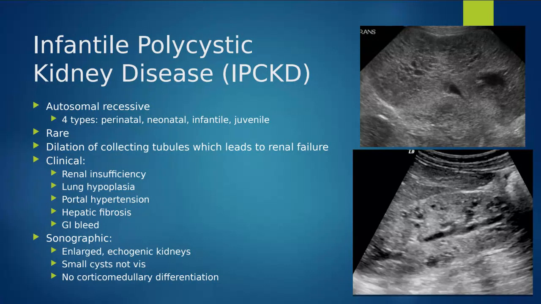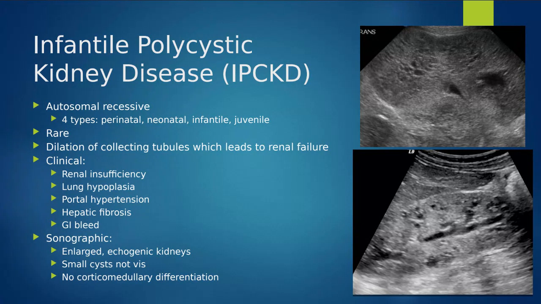Next, we have our polycystic kidney diseases, and we have two different types of the main condition. So we have infantile polycystic kidney disease and we have adult polycystic kidney disease.